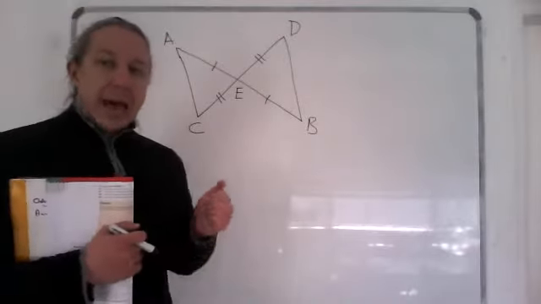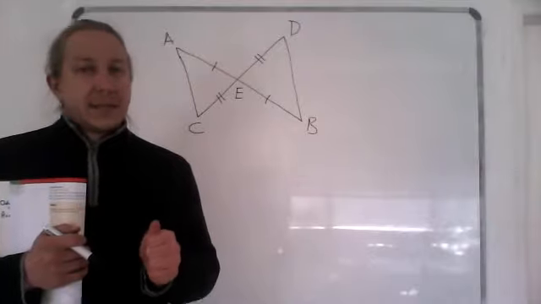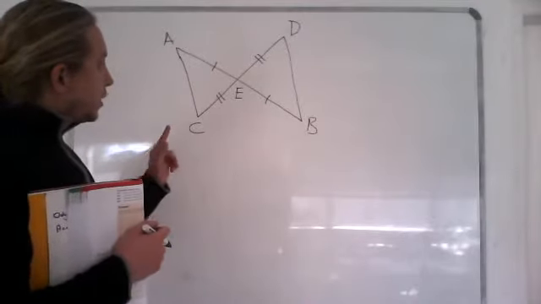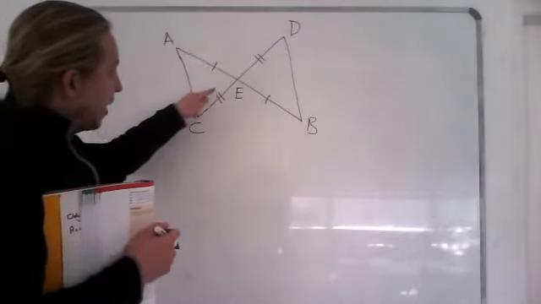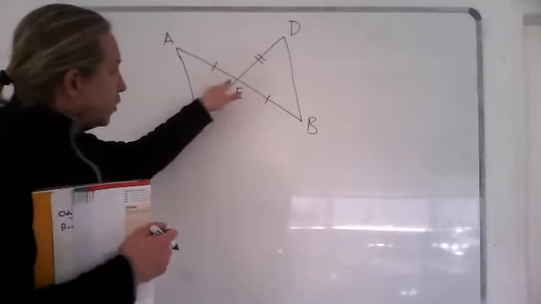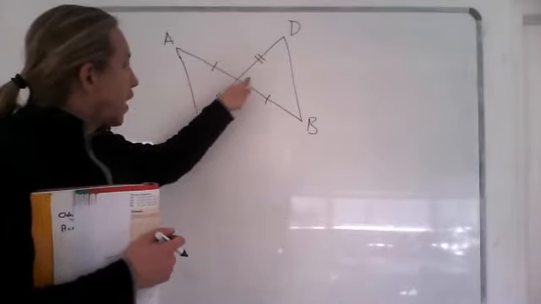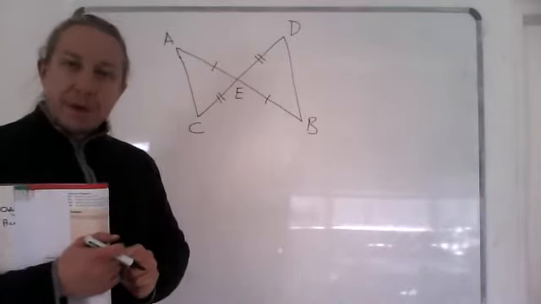We can either use angle, side, angle or side, angle, side. Well, what do you notice here? I have a side, I have another side. These 2 sides also match up. And I've got these 2 angles over here. Can I prove that these 2 angles here are the same?